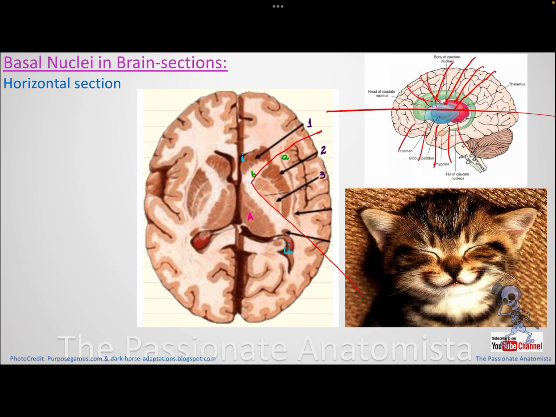So the caudate nucleus and thalamus will be medial, the lentiform nucleus will be lateral. This is what divides them, which is the internal capsule. It has an anterior limb, it has a genu, and it has a posterior limb. These are the ascending and descending tracts. And the thalamus, remember, was in the center, and the caudate nucleus, the cutie cheeks. Okay, guys?